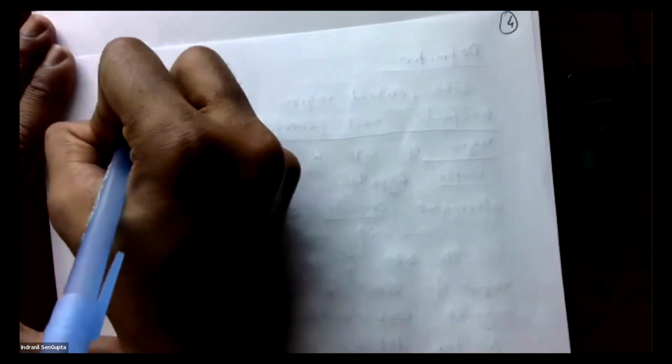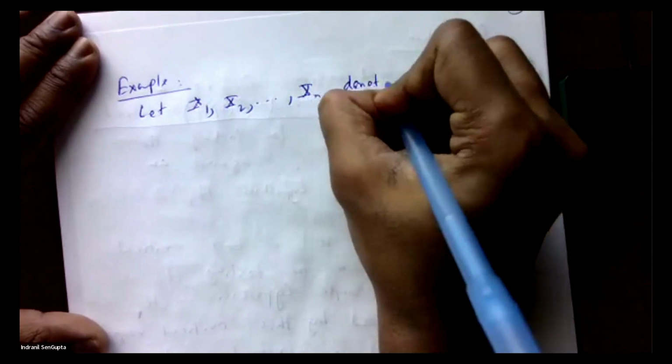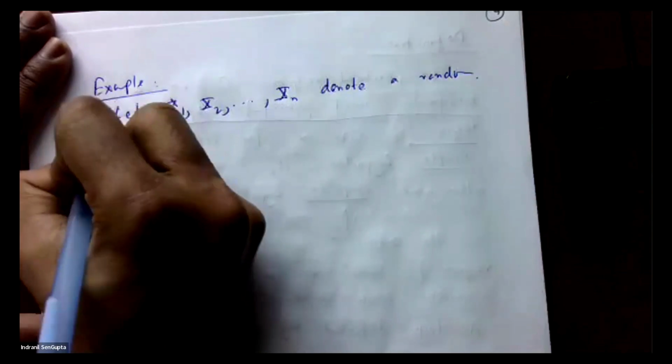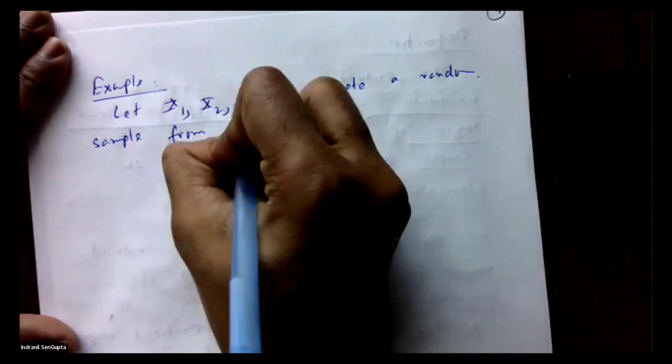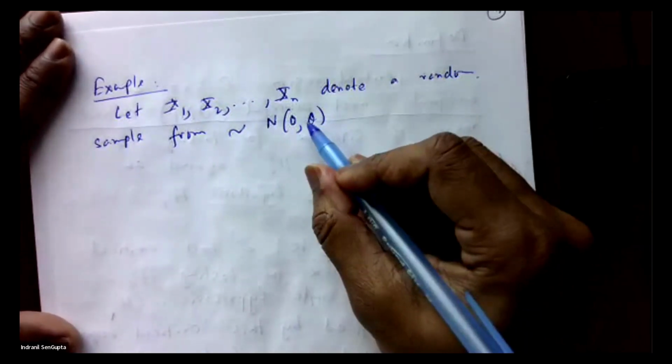So here's the second example. Let X1, X2, ..., Xn denote a random sample from the normal distribution with mean 0 and variance theta. Note that my variance is theta, so the standard deviation is the square root of theta.